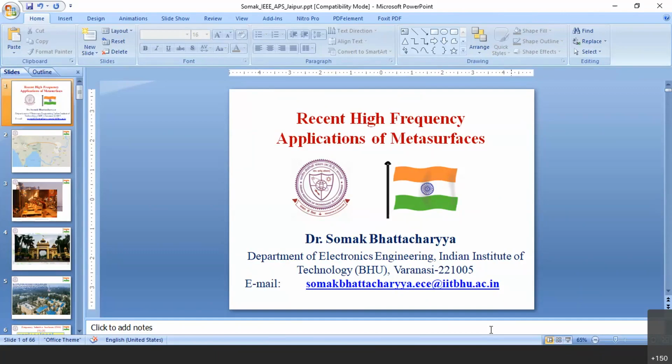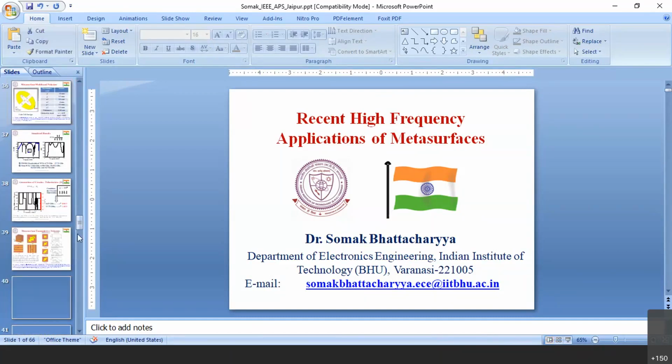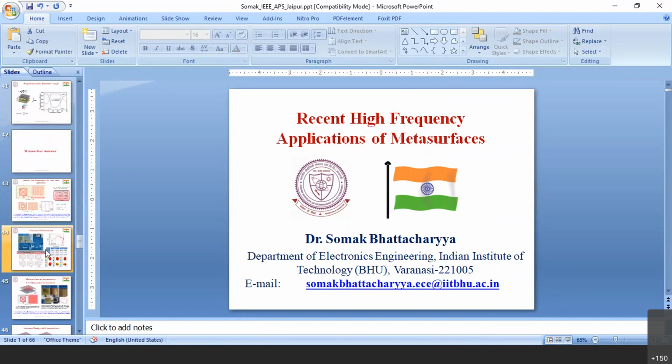The next question is, can we use DGS or any structure at the ground side of a metamaterial? You can. For example, in the antenna applications, let me show it once again.